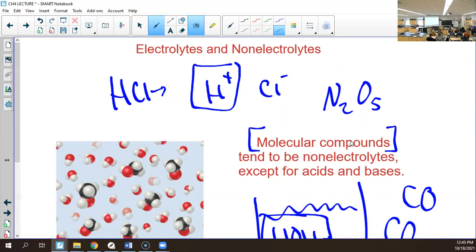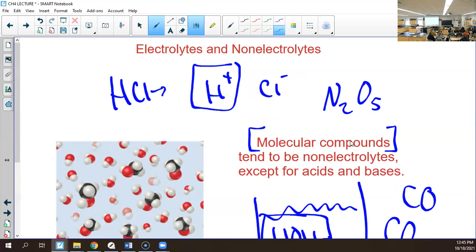So molecular compounds tend to be non-electrolytes except for acids and bases. Most bases are ionic compounds. The acids are usually not defined as ionic compounds, even though really they are. Okay, but sugar, isopropyl alcohol, gasoline, grease, fats, oils, all those things, they are considered non-electrolytes.